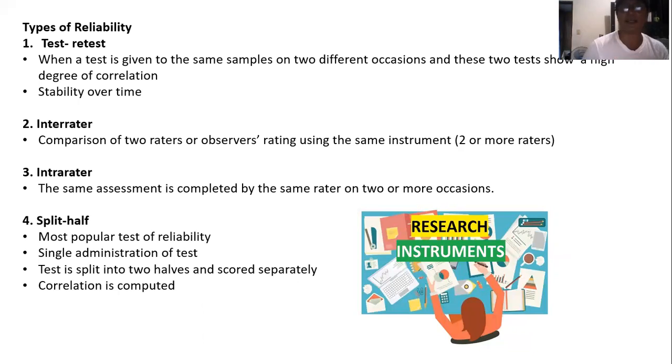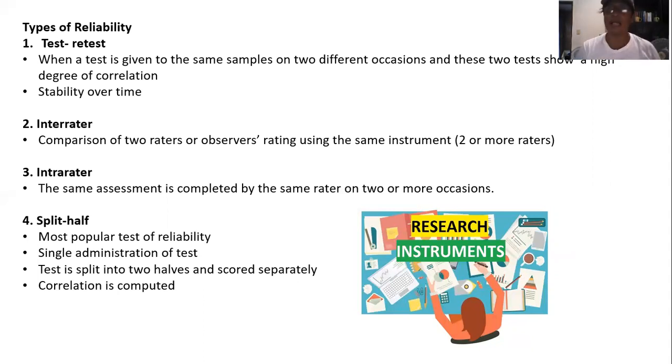So dito, sasagutan ng mga respondents ang questionnaire ng dalawang beses at ng dalawang magkaibang araw. Pero ang resulta ng sagot nila ay parehas lang. Highly correlated. Okay? So that's for the test-retest type of reliability.